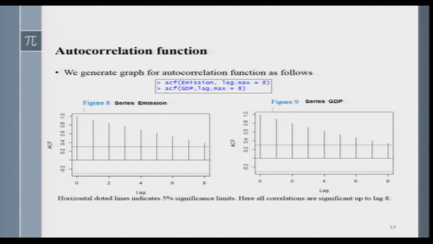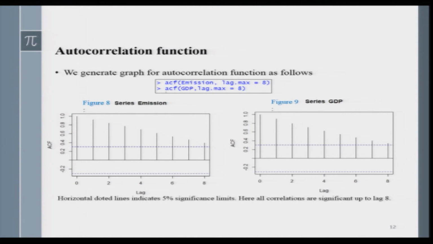They indicate 5% significance limits. If a spike or bar at a particular lag falls outside this horizontal dotted band, then the ACF value for that lag is statistically significant. If the bar lies within the band, then it is statistically not significant, so for all practical purposes you can assume that the ACF value is 0.